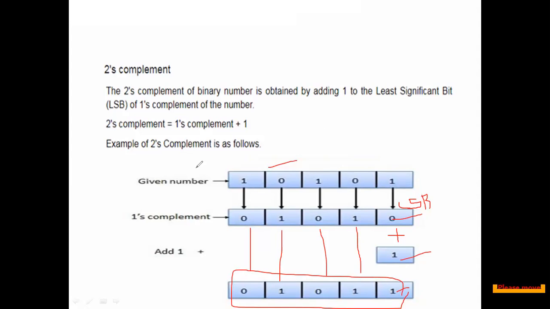So the one's complement means we change ones to zeros and zeros to ones.